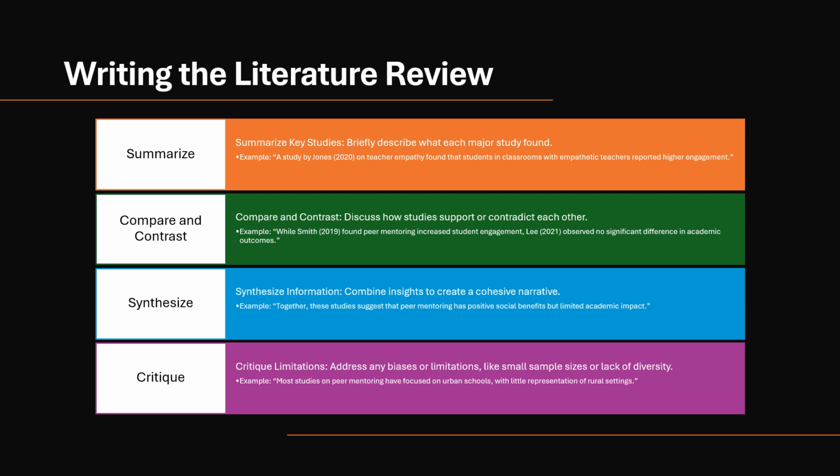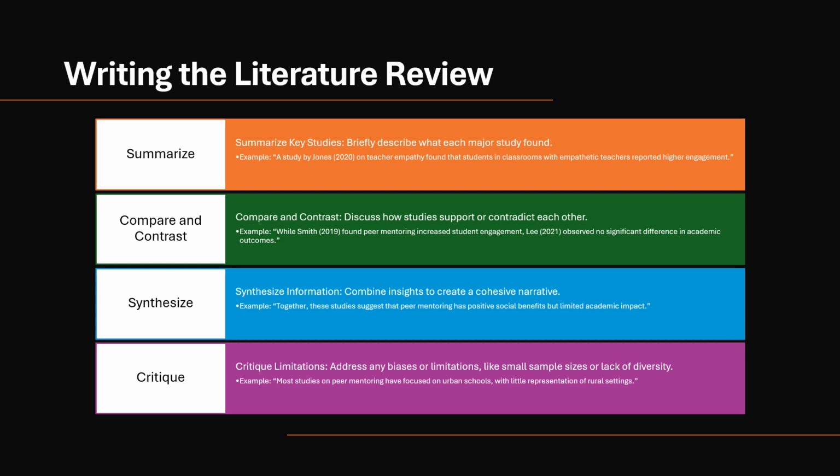Synthesizing information is key to creating a cohesive narrative. For example, after comparing studies on peer mentoring, you might conclude these studies suggest that peer mentoring has social benefits but limited academic impact. Lastly, critique limitations in the studies.